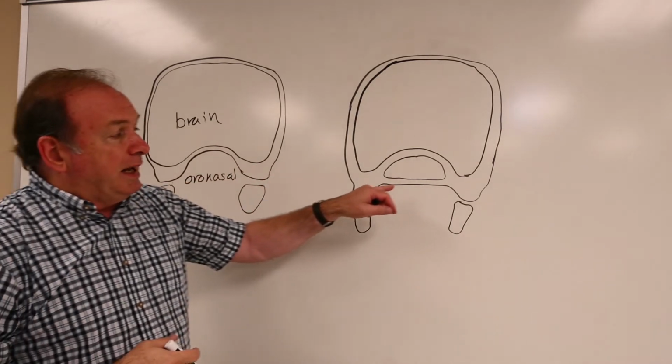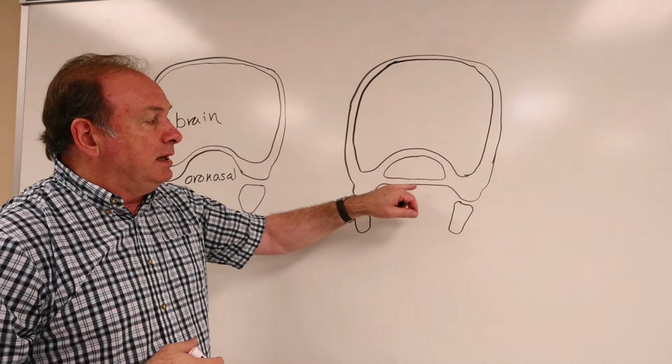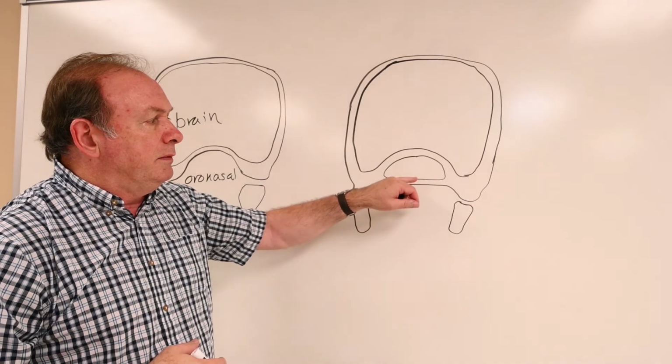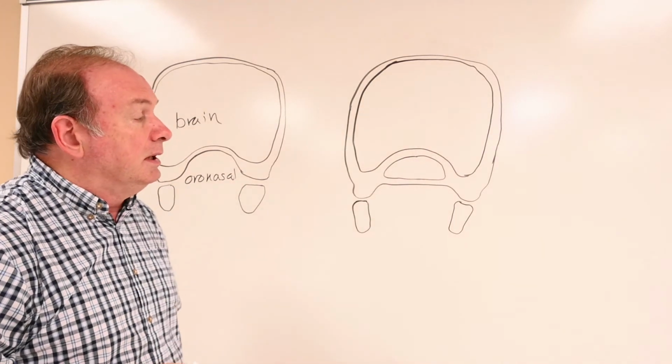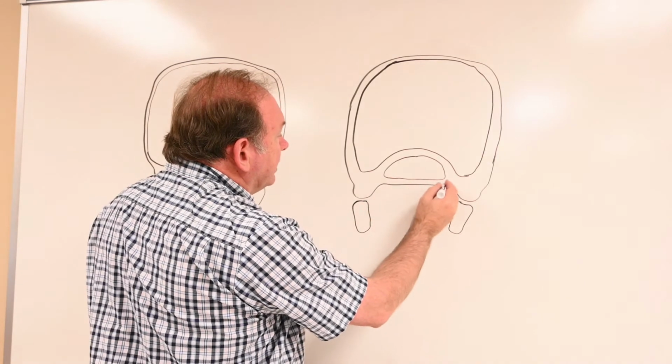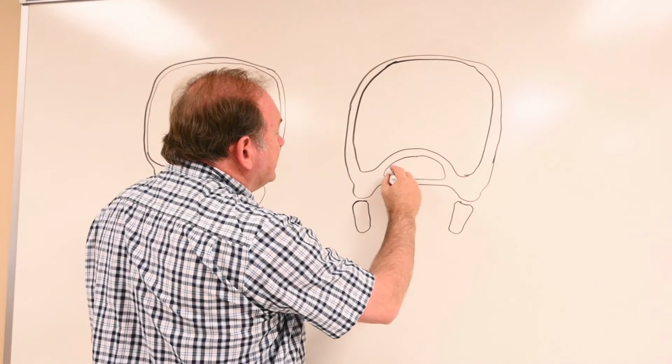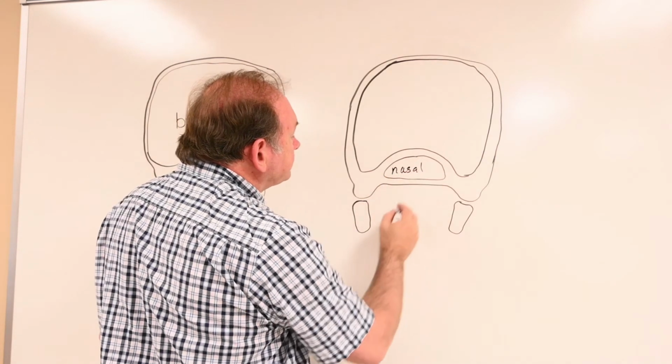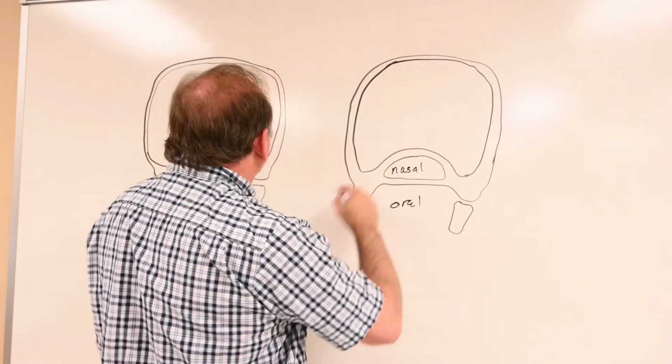In mammals, and to a lesser extent in turtles, and even a greater extent in crocodilians, we have the formation of a secondary palate that grows across here that separates the nasal cavity from the oral cavity.